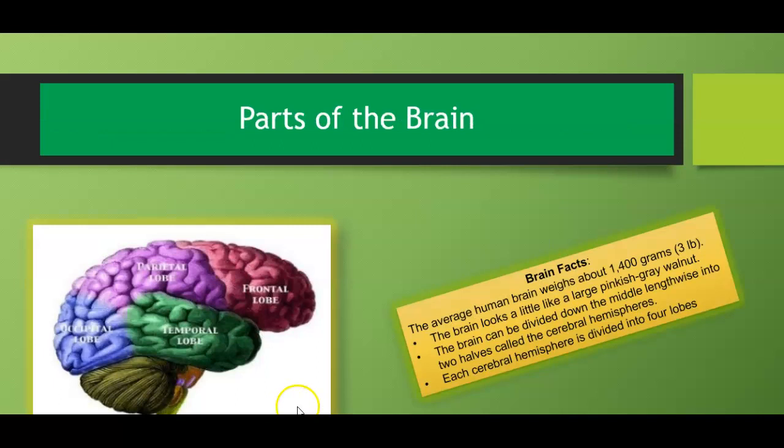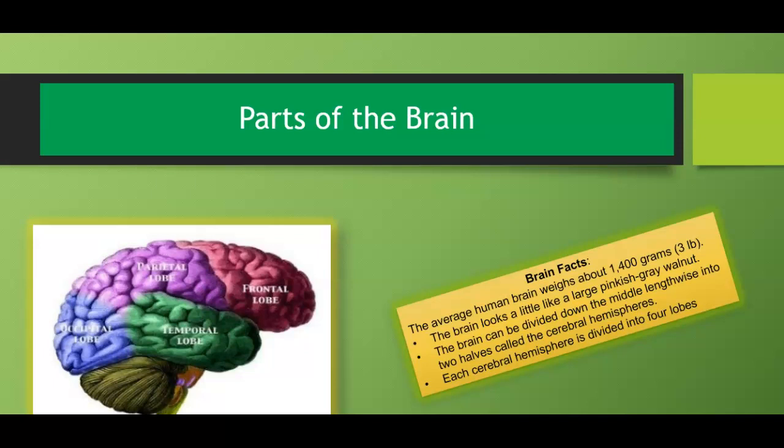Now, I just put a couple of cool facts about the parts of the brain, and I'm just going to read off what I've chosen. The average brain weighs about 1,400 grams, which is roughly 3 pounds. The brain looks a little like a large pinkish-gray walnut.